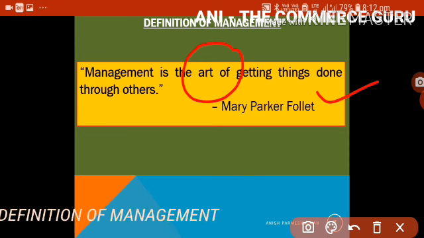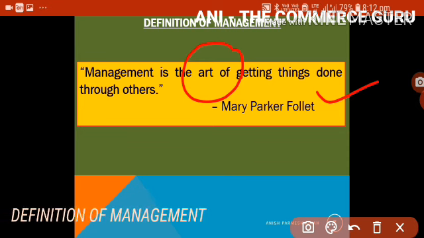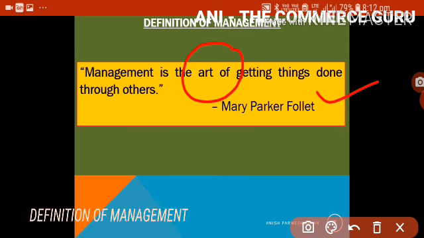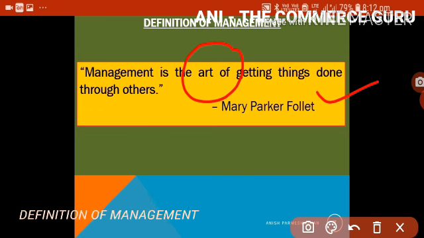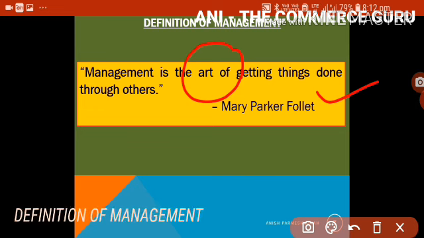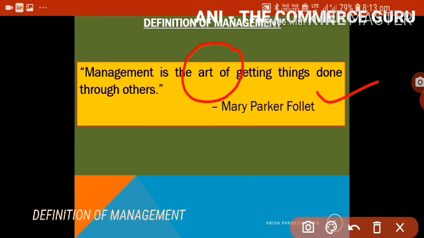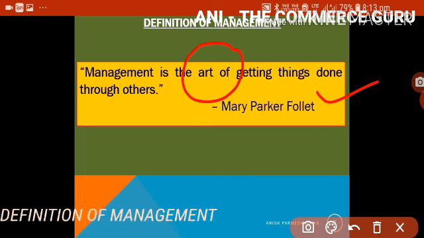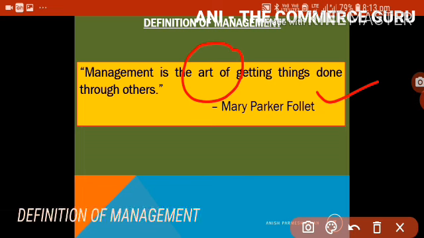The speciality of a form of art is that for a particular form of art, the theory learned by the artists is the same. But when it comes to performance, different artists perform differently.